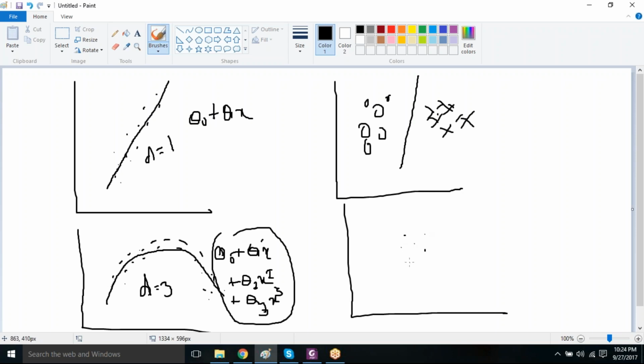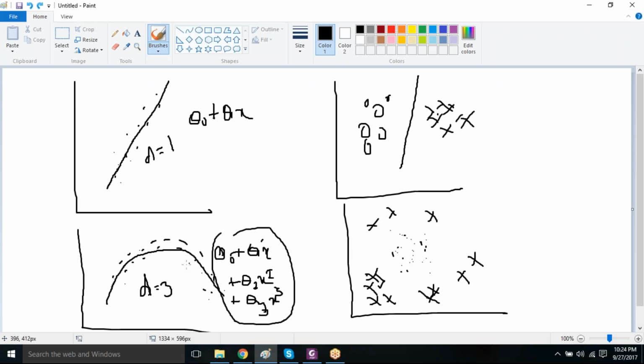So suppose you have one class like this, and you have another class like this. Now can you draw a line which can separate these two classes? Tell me, can you make a straight line which can classify these two classes?